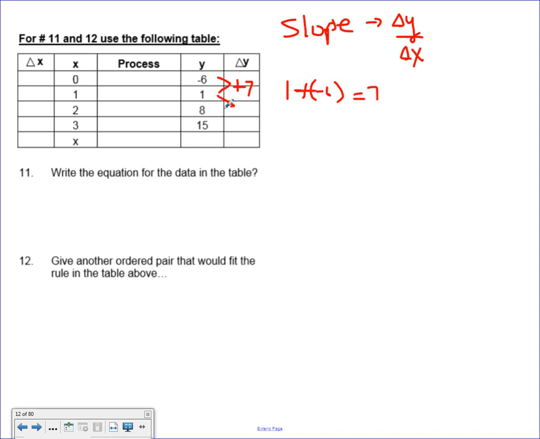Now from a 1 to 8, I do bottom number minus top number. 8 minus 1 equals 7, so the change is plus 7. From 8 to 15, bottom number minus top number. 15 minus 8, which is 7. So the change here is plus 7.